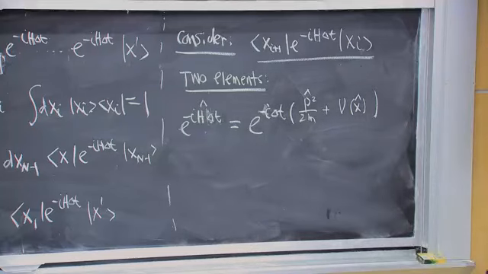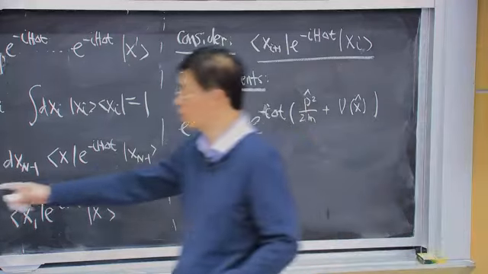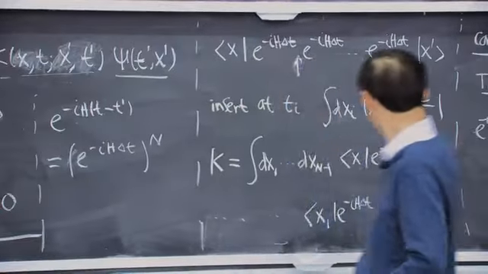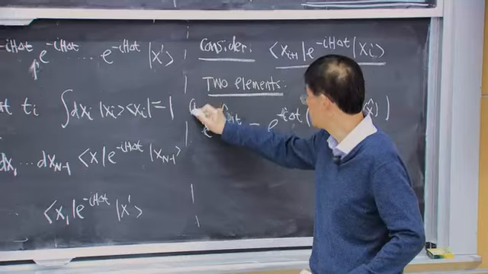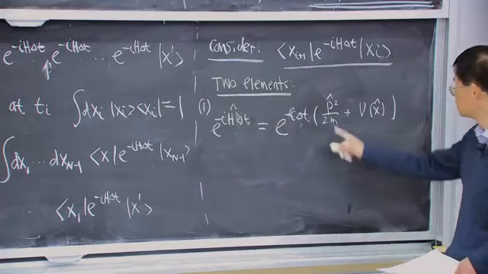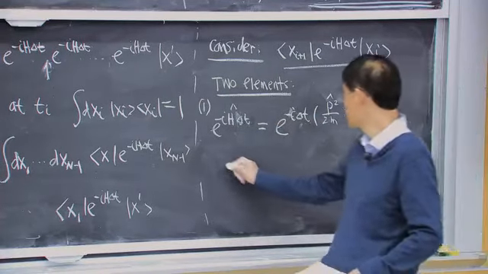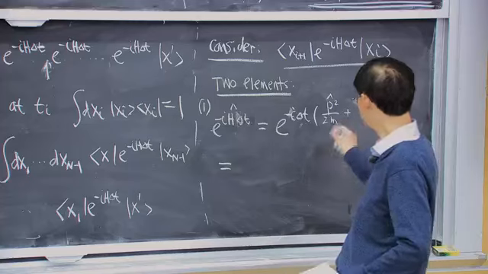Now, because delta t is small and goes to 0, to leading order in delta t, this is the first element, we can actually just separate the exponential.